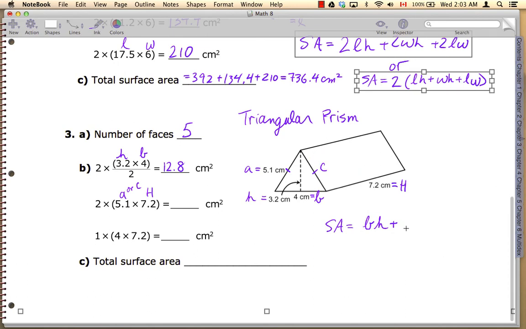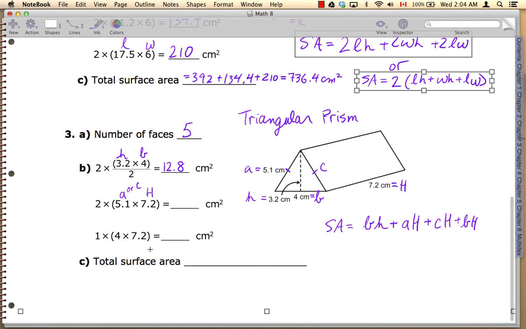But generally speaking, you'd have to do these two things separately. You'd have to do A times capital H to get the area of the rectangle on that left side, and you'd have to do C times capital H, and then finally you'd have to also do B times capital H, and that's what we're doing down here.